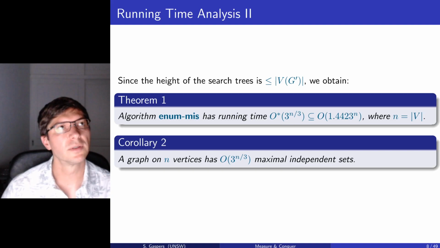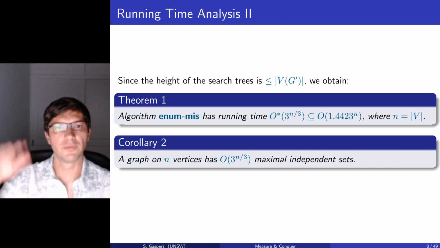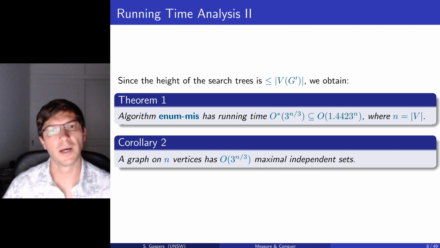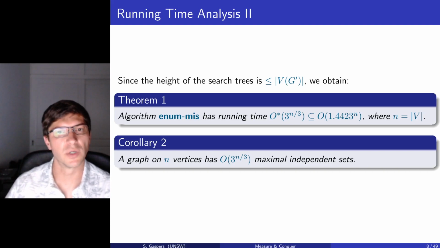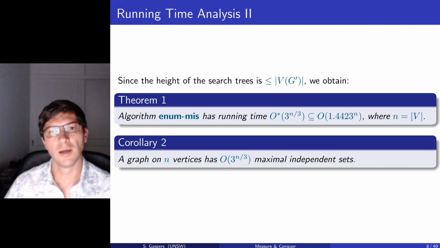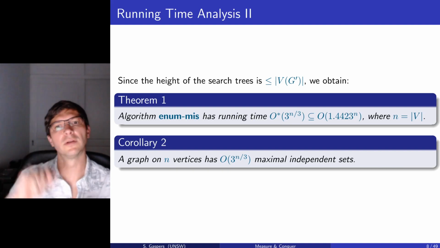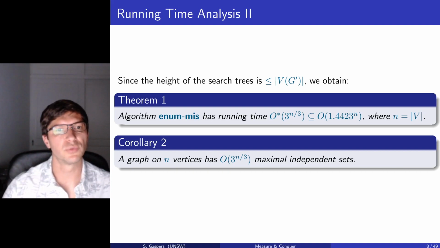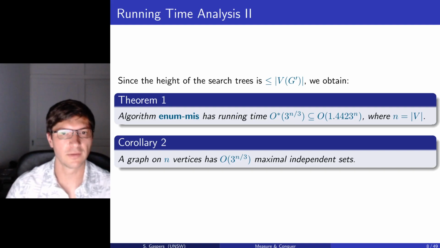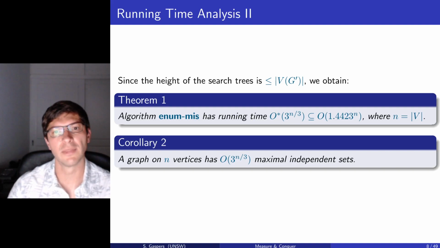Now we have upper bounded the number of leaves, and it's very easy to observe that the depth of the search tree is also upper bounded by at most the number of vertices in G prime, because every time we branch, we get rid of at least one vertex. So since the number of leaves is upper bounded by 3 to the n thirds, and the height is upper bounded by the number of vertices in G prime, we obtain that the algorithm has running time O star of 3 to the n thirds.